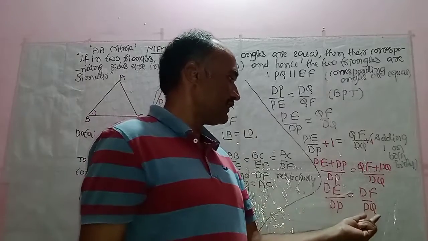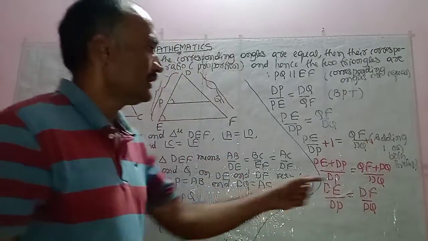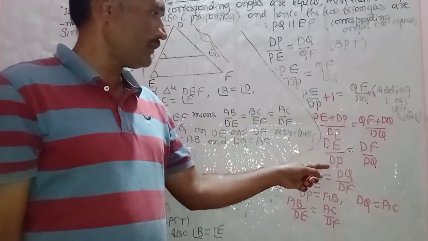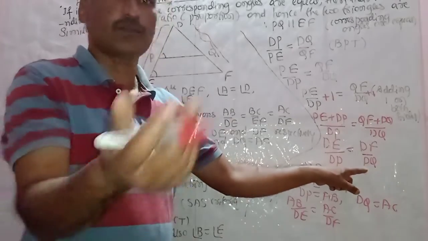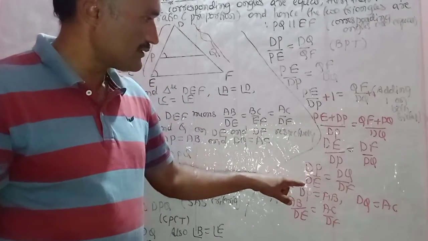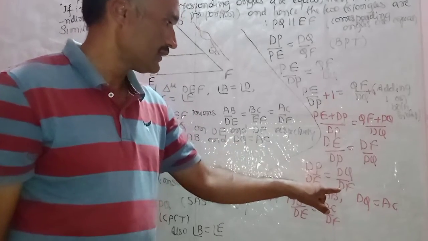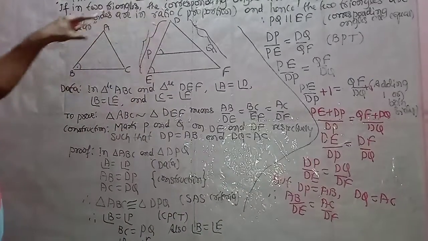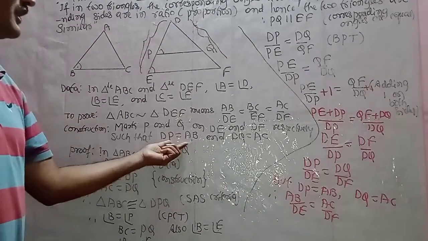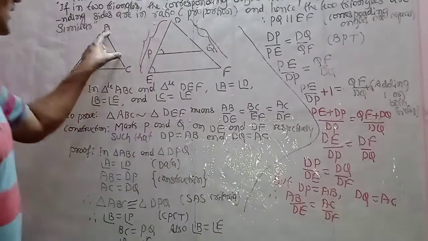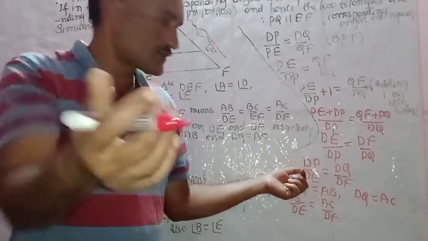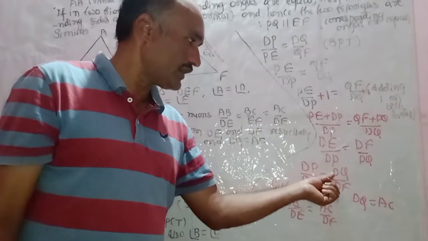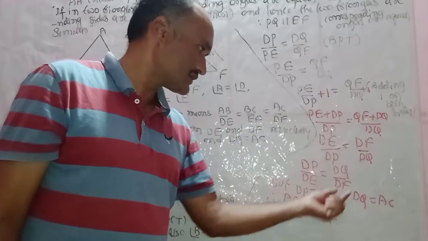So DE divided by DP is equal to DF divided by DQ, and I can take the reciprocal: DP divided by DE is equal to DQ divided by DF. But what is the DP length? DP is equal to AB by construction, and DQ is equal to AC, also by construction. So I can substitute DP as AB, keep DE as it is, and DQ as AC divided by DF.